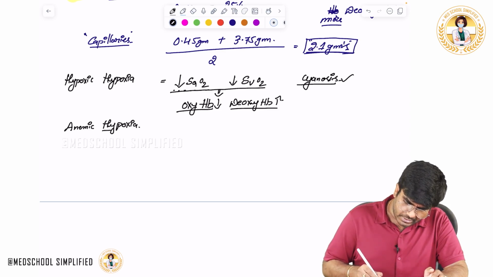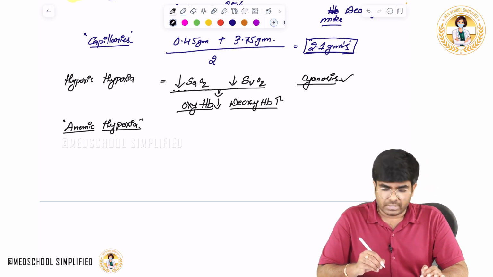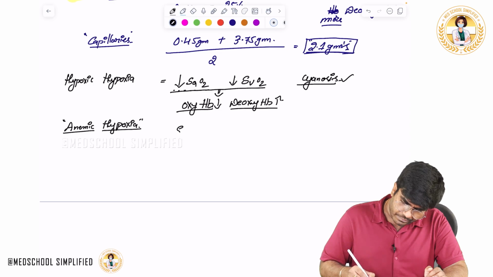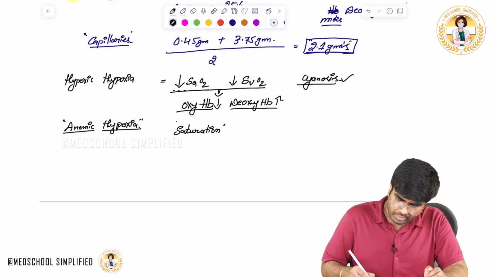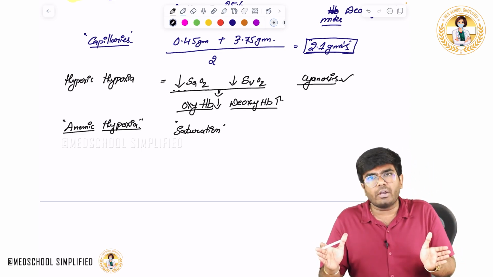Next, in anemic hypoxia, there is no problem with the saturation. The saturation is normal. It's a problem with the hemoglobin. The amount of hemoglobin is less, but whatever hemoglobin is there, it's absolutely alright.